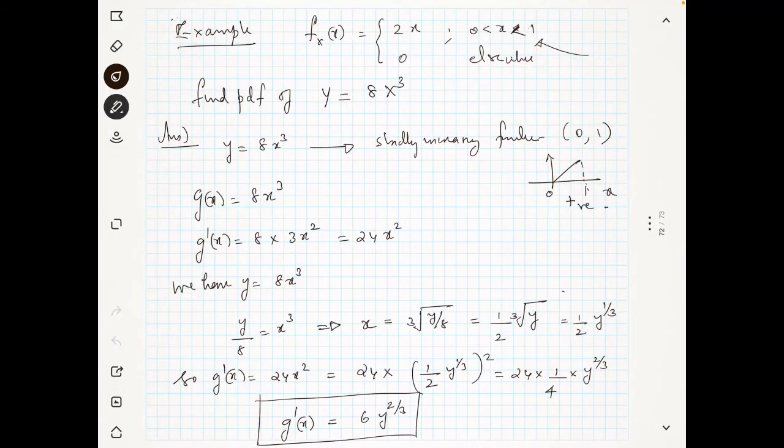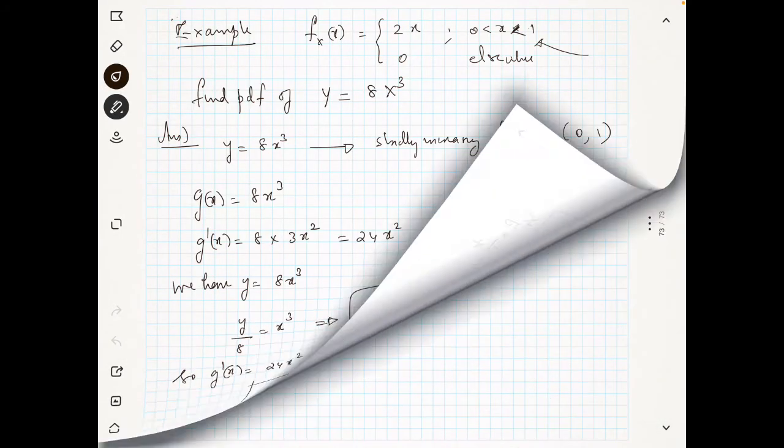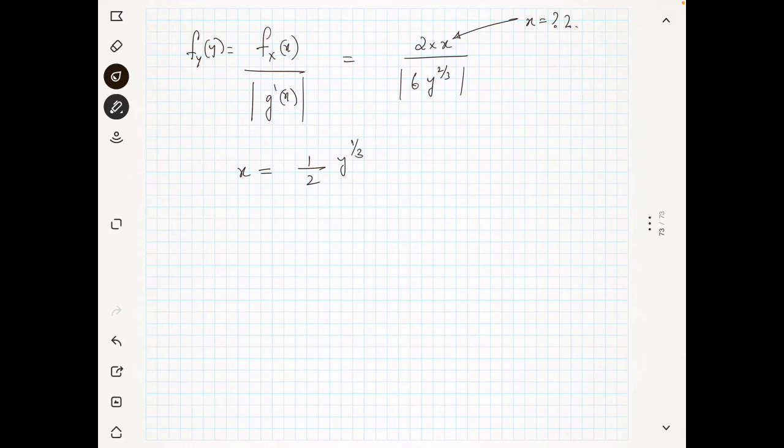We have already derived that x is equal to 1/2 into y^(1/3). So our fY(y) is nothing but 2 into 1/2 y^(1/3) divided by 6y^(2/3).